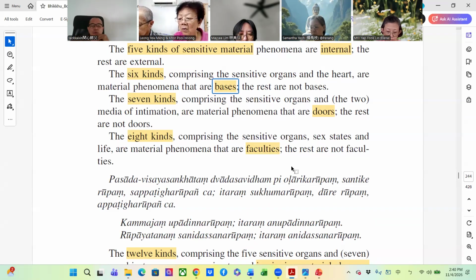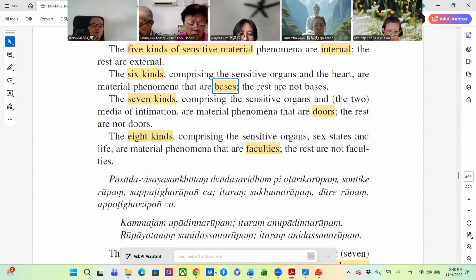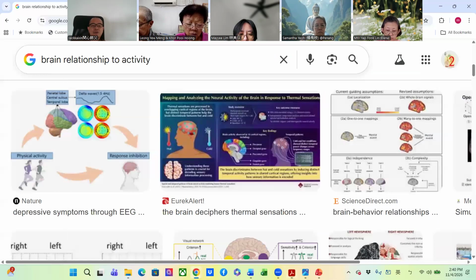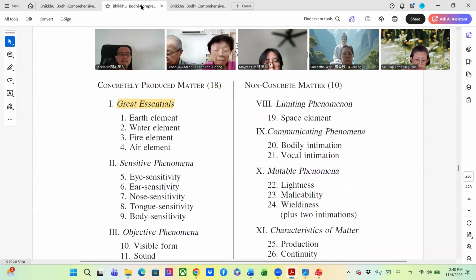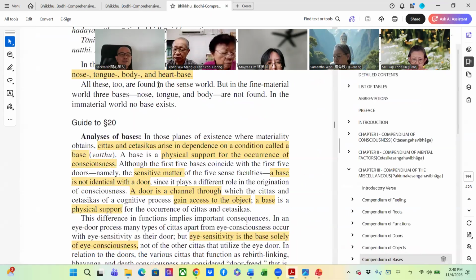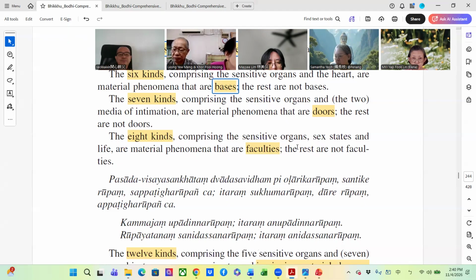If you go back to the diagram, comprising the sensitive organs, class, these are the sensitive organs. Yes, they are all faculty. Then the sex states are also faculty.